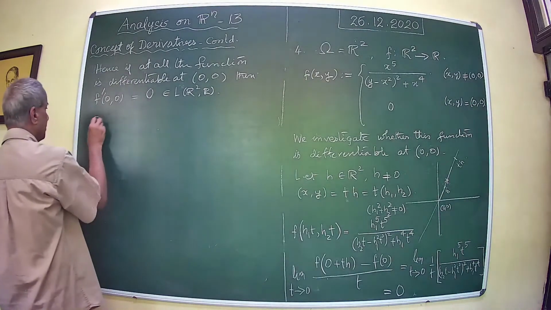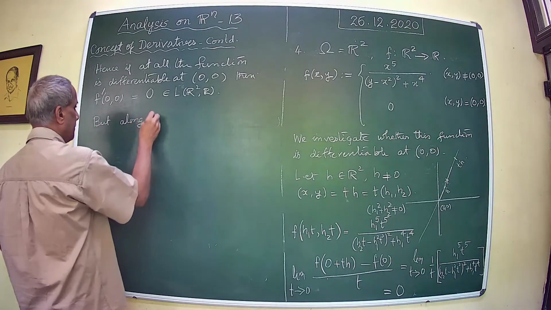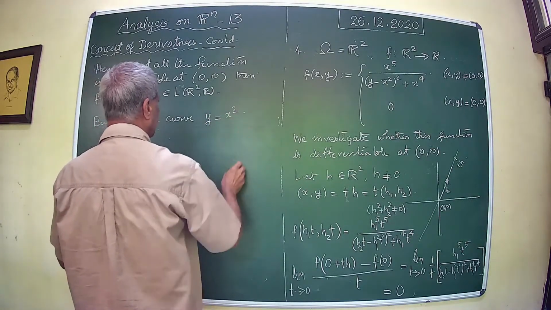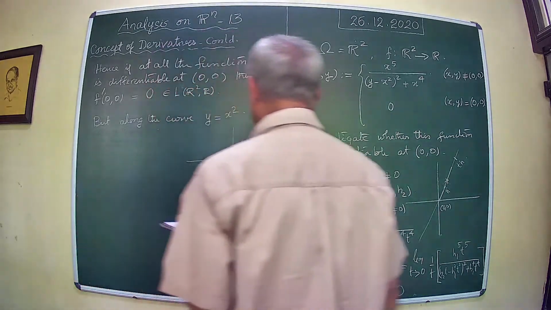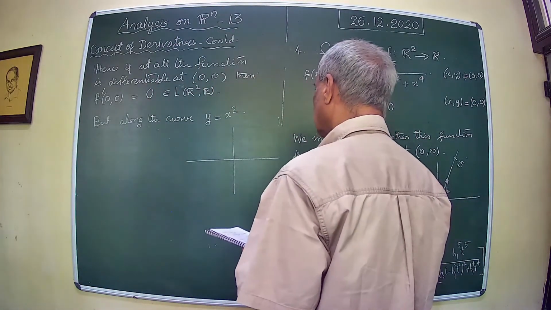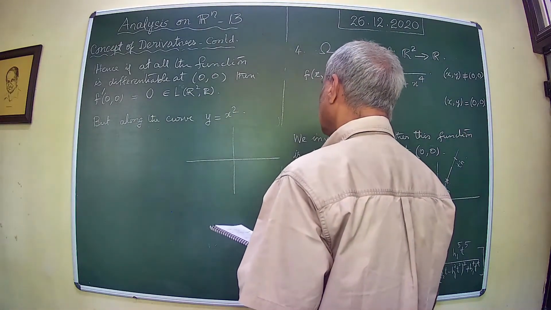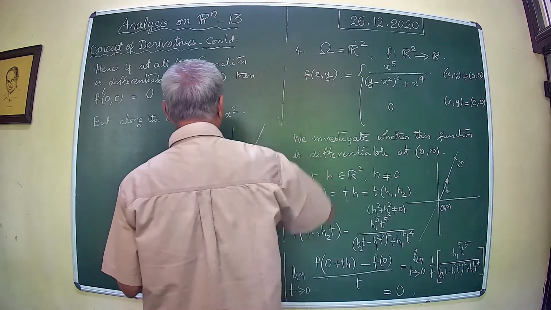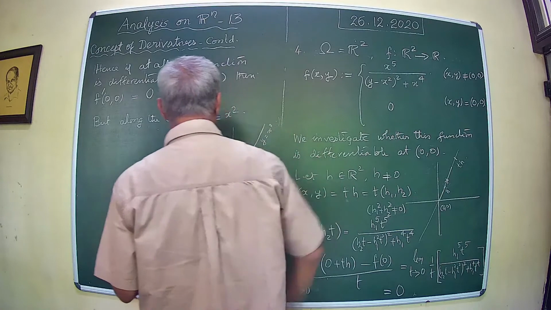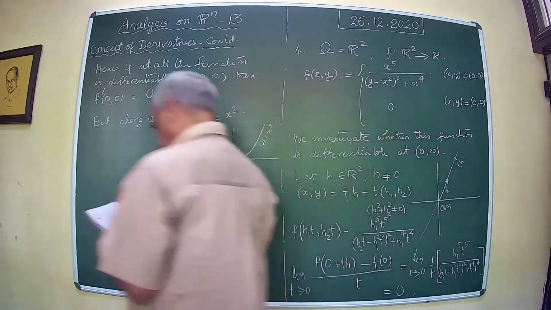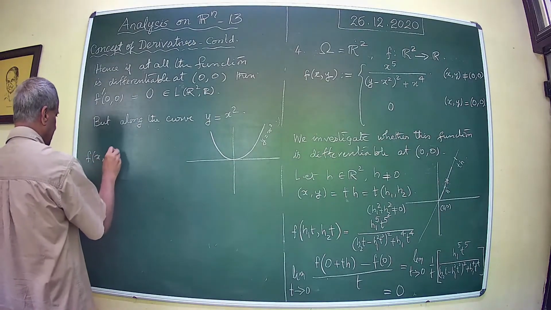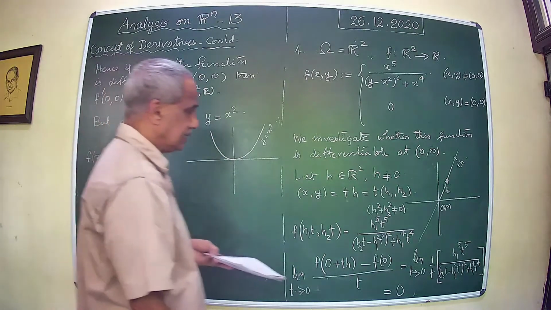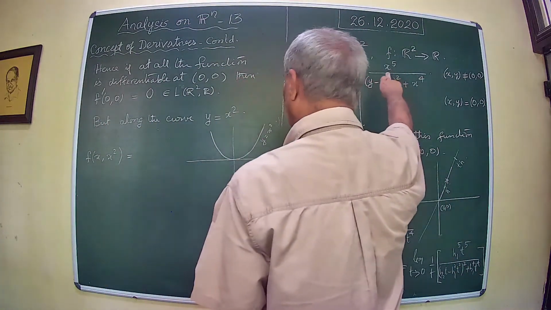But now you see that along the curve y equal to x square, we see that f of x, x square is equal to, y equal to x square.